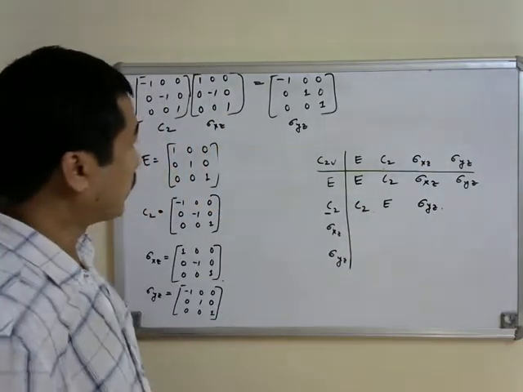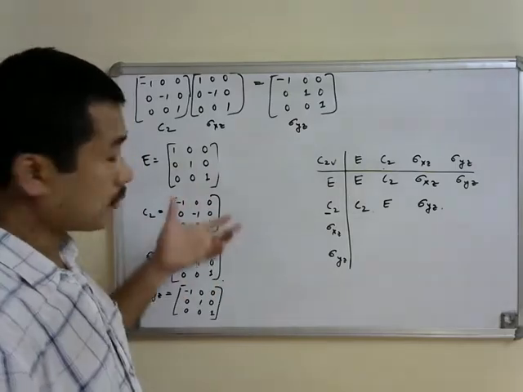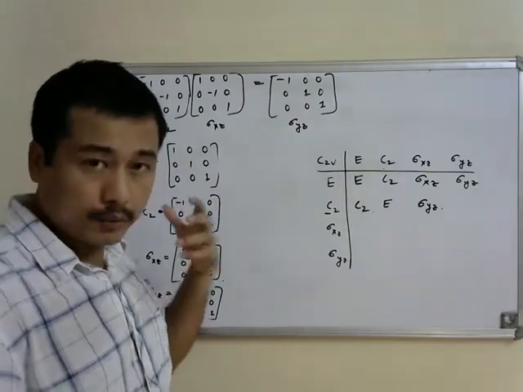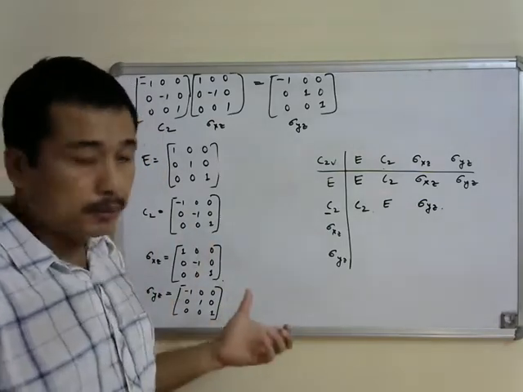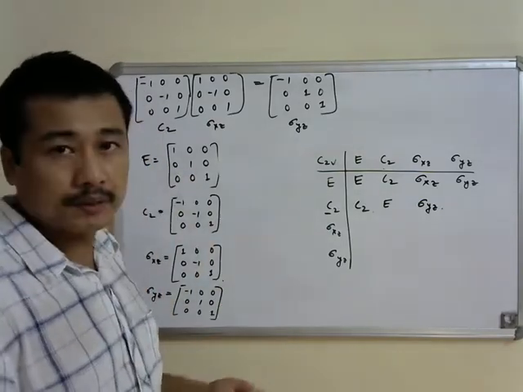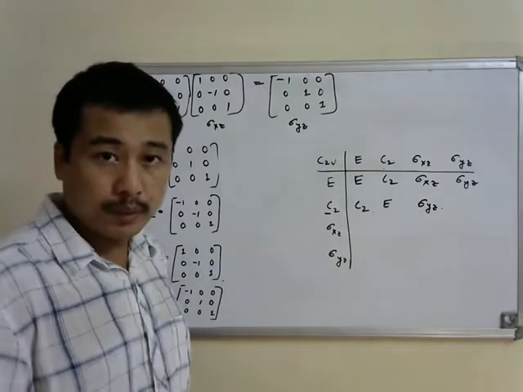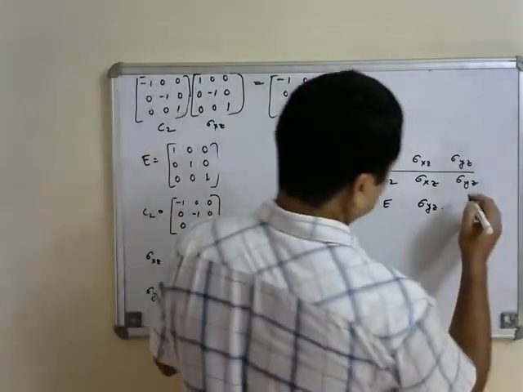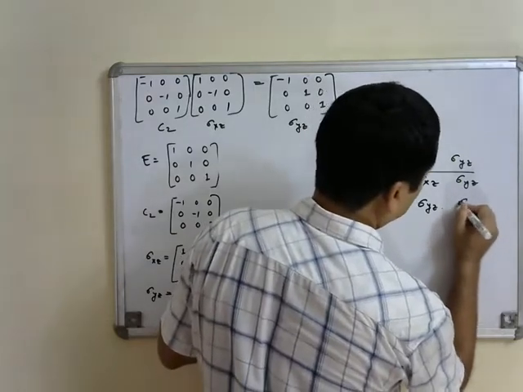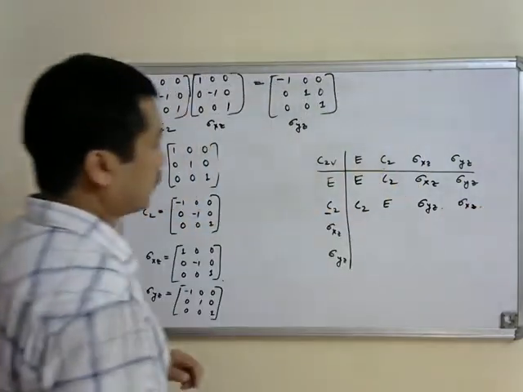We can find that easily, instead of doing it visually with the symmetry operations themselves, by taking the matrix representations for the respective symmetry operations and multiplying them, and then get the results more easily. So this is going to be equal to sigma xz, that also we know.